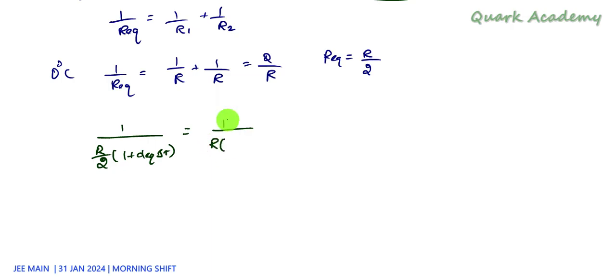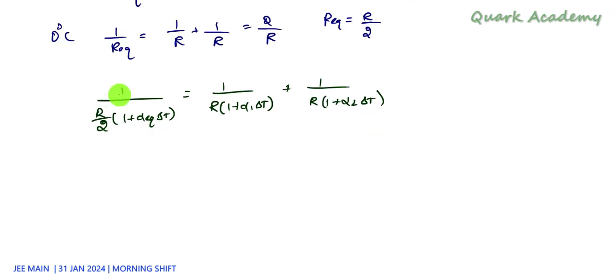1 by R into 1 plus alpha 1 delta T plus 1 by R into 1 plus alpha 2 delta T. So the R can be cancelled and we can simplify this one.